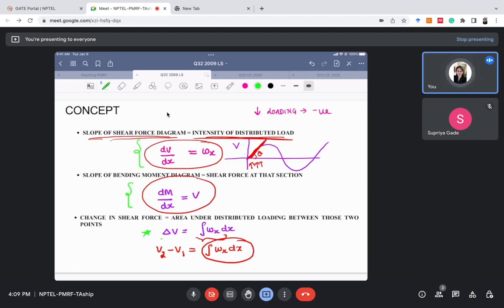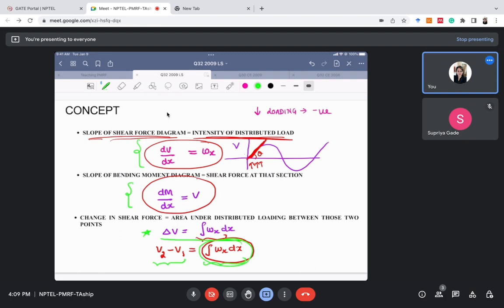The change in the shear force is equal to the area under the distributed loading between those two sections. We can also write it as V2 minus V1, the change in the shear force, equal to the area under the distributed loading. Here we do not have to do any integration; it's just symbolic.